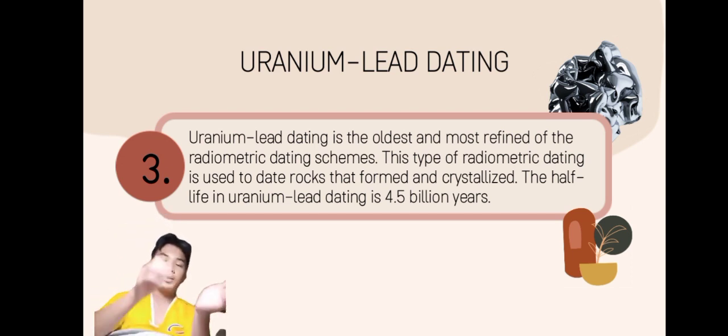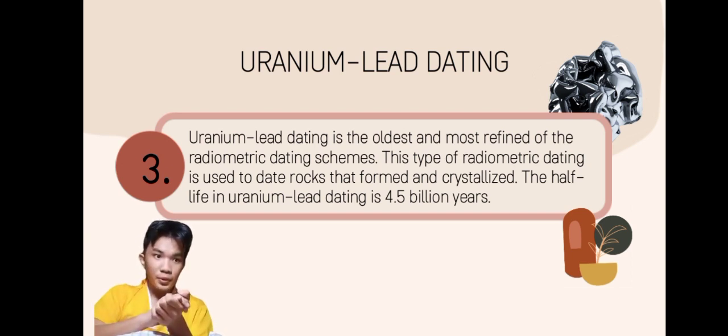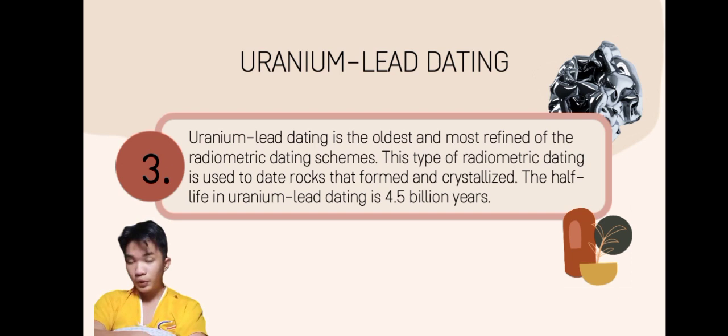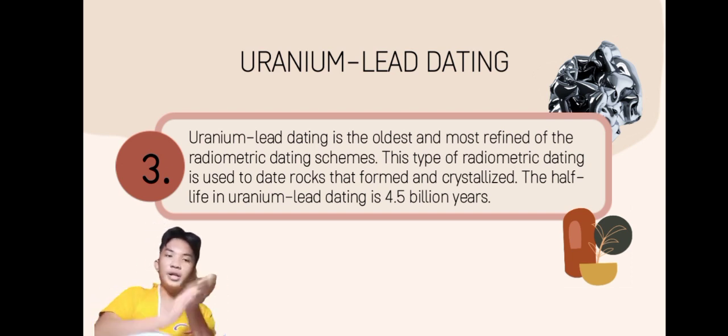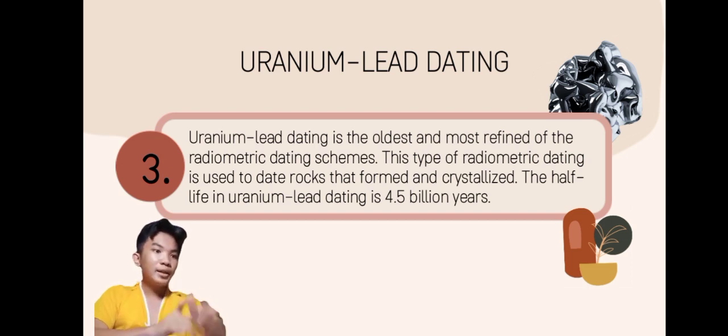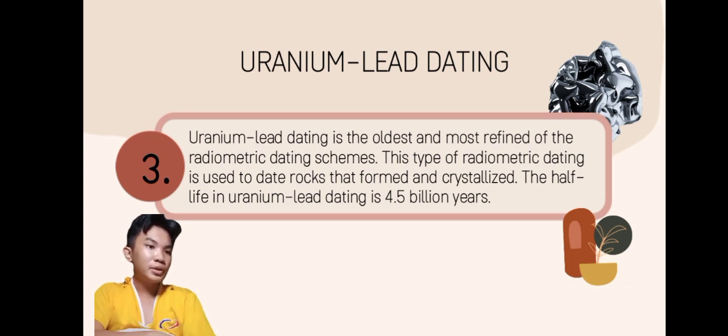Uranium-lead dating is used to date rocks that formed and crystallized from about 1 million years to 4.5 billion years ago. Since uranium has a half-life of 4.5 billion years, it takes that amount of time for half the original uranium-238 to decay into lead-206.